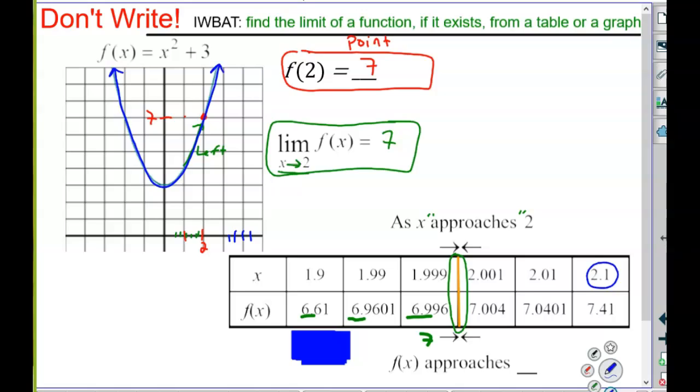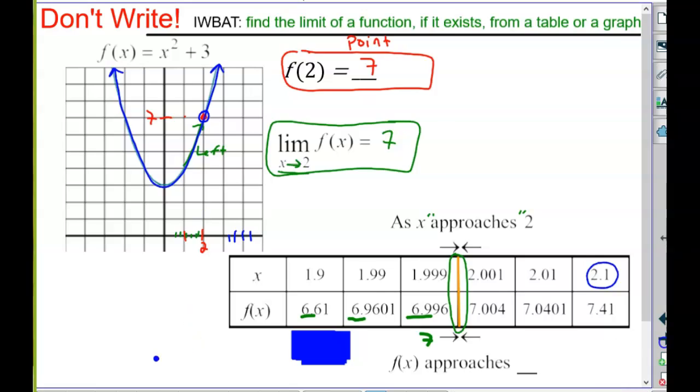Right? I was able to draw that graph without picking up my pencil. But what happens if this point right here at 2 is not equal to 7? Everything else is exactly the same, but they said, you know what? Now, your point's down here. Now the limit would not equal the point. And that's where we're going to head today.